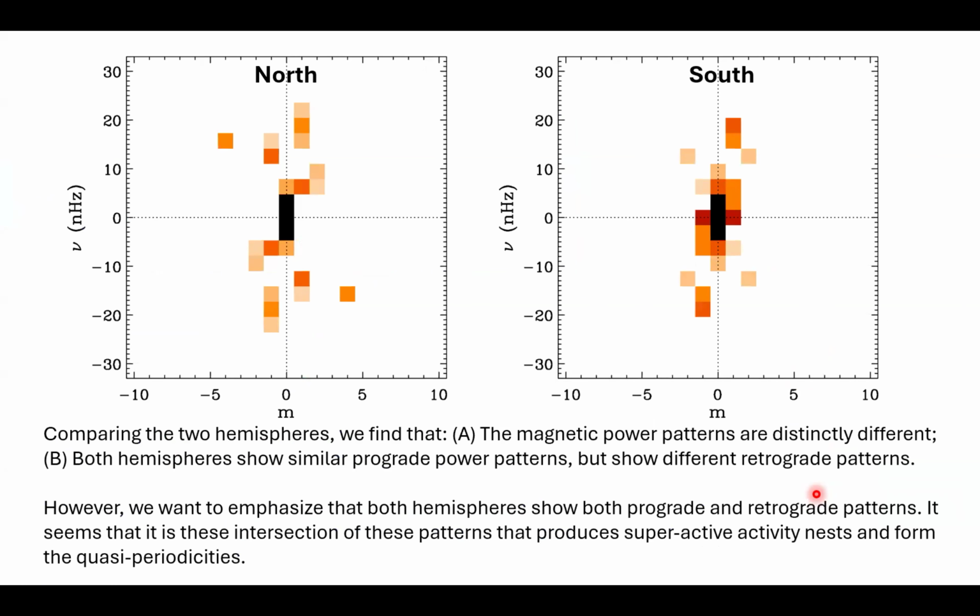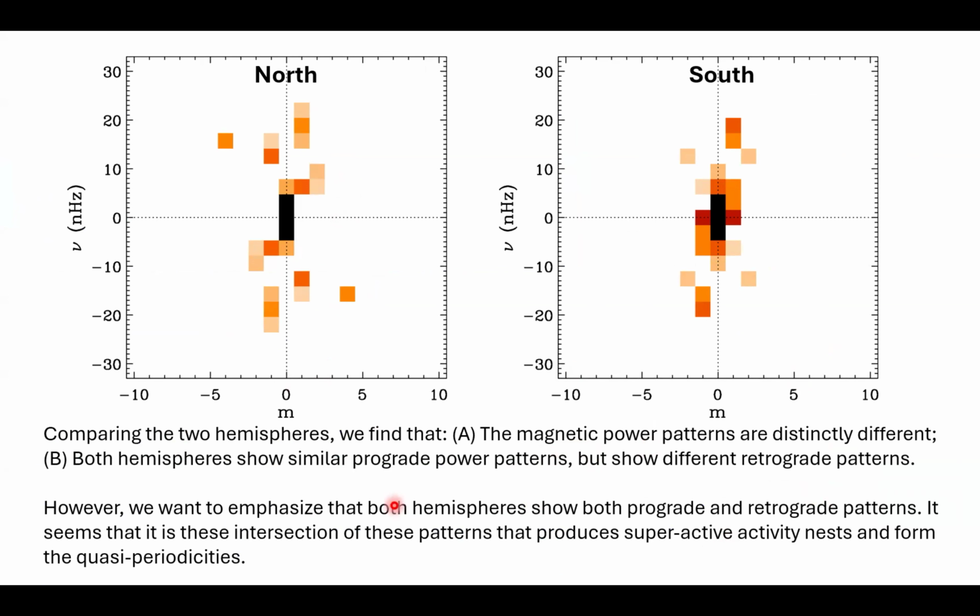This is the comparison of the northern hemisphere and the southern hemisphere. Basically, if we look at just the power spectrum from the two hemispheres, we find that the magnetic patterns do not fully agree with each other, but they have a lot of similarities.